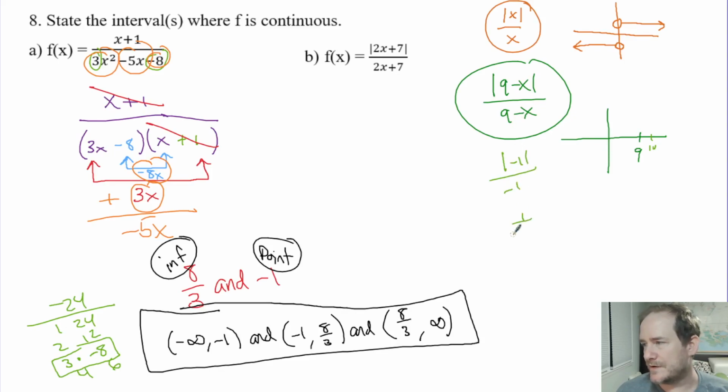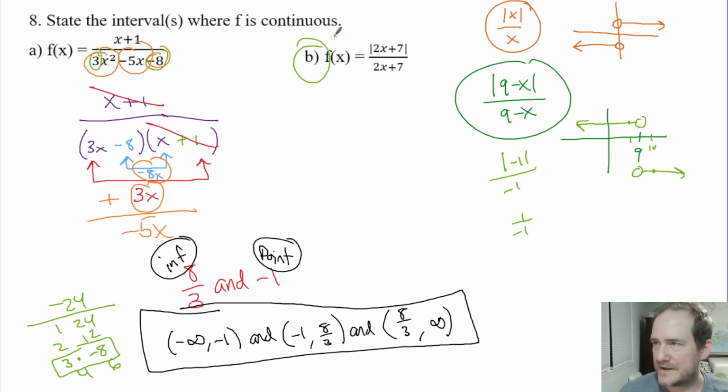That would be positive 1 over negative 1. It's the right-hand side that is actually negative. And if you plugged in 8, then 8 would give 1 over 1, which is positive 1. So on the left-hand side, we're positive. So there's your two little branches.